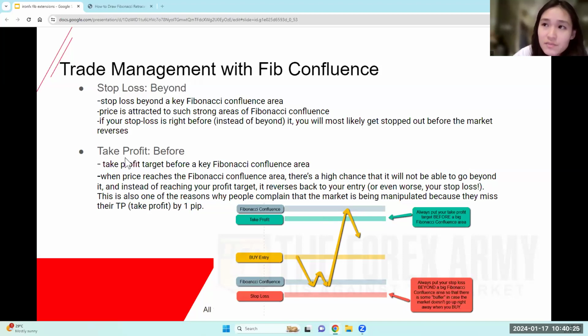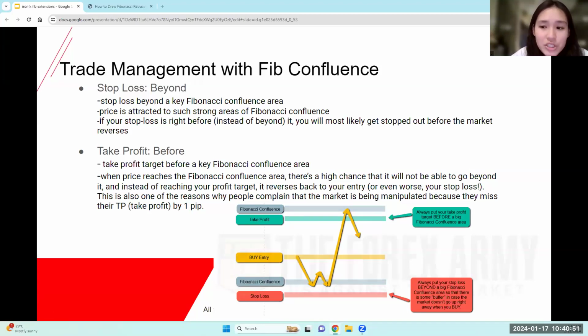But basically the standard rule is that stop loss will be placed beyond a key Fibonacci confluence area and a take profit will be placed before it. Before means that you should place your take profit, in this case, below the confluence area. The reason for this is because when price reaches the confluence area, there's a high chance that it will not be able to go beyond it.